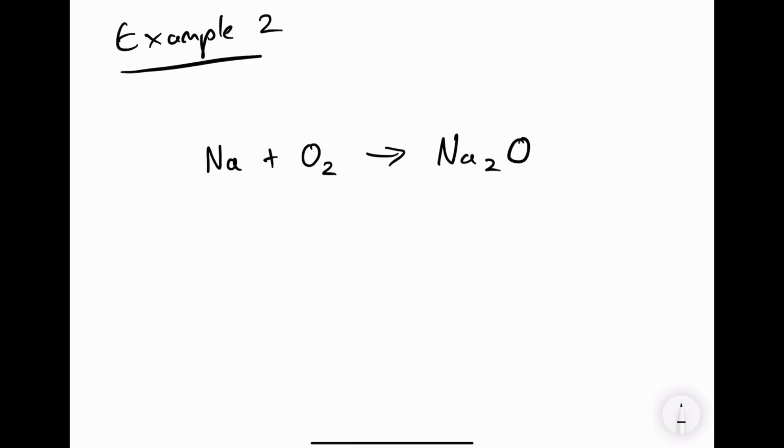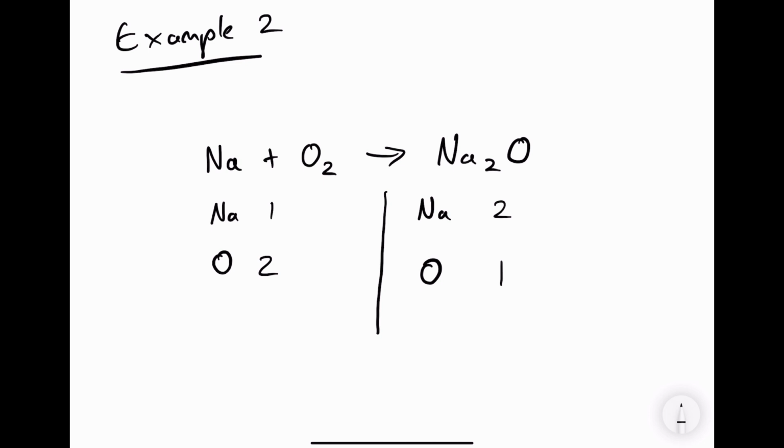Our next example is going to be sodium plus oxygen gives you sodium oxide. So once again, draw a line underneath the arrow. List the elements on both sides. Write down the number of atoms that you have on both sides of the equation. And then identify what's not balanced. In this case, both elements are not balanced.